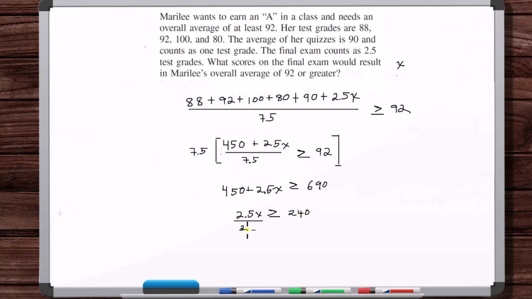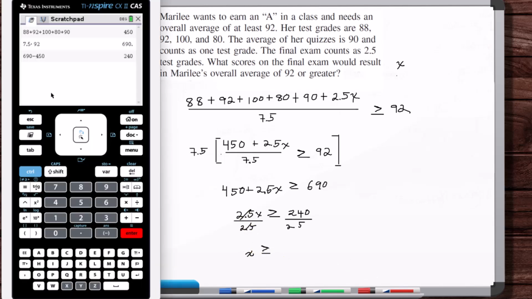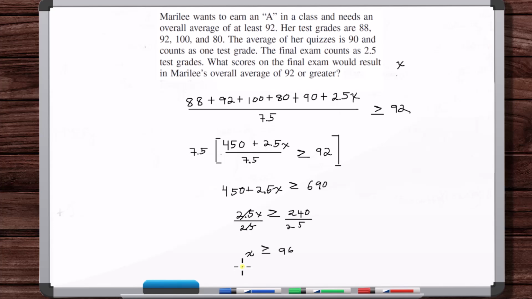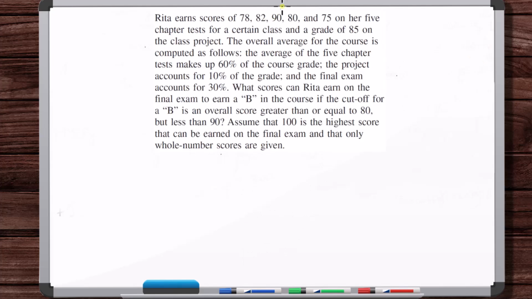Okay, divide both sides by 2.5. So x needs to be greater than or equal to 96. If she gets a 96 or greater on her final exam, she gets an A in the class, or a 92 average.